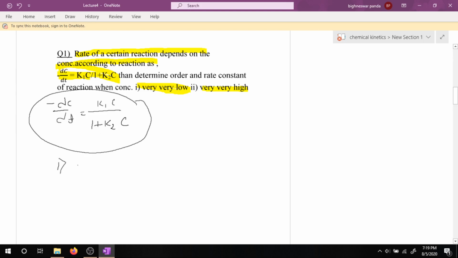When the concentration is very low, that means I can say that C tends to 0.